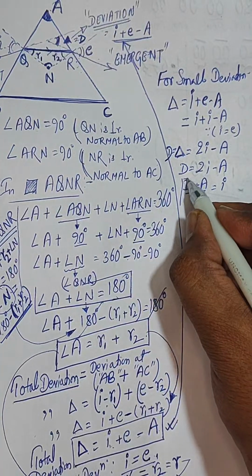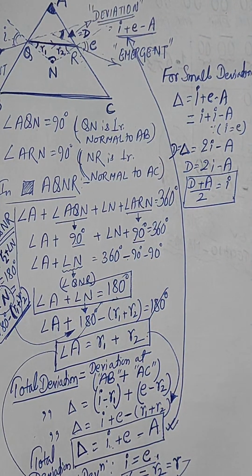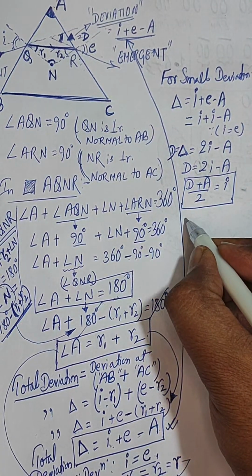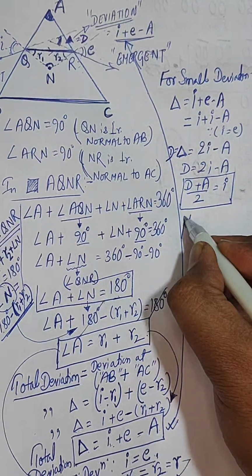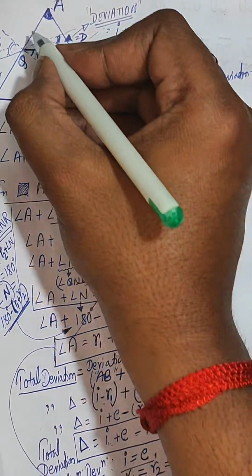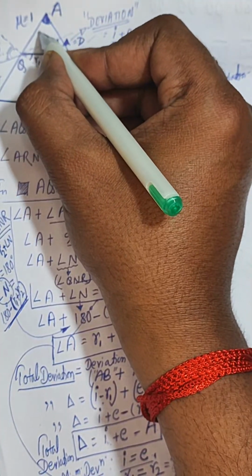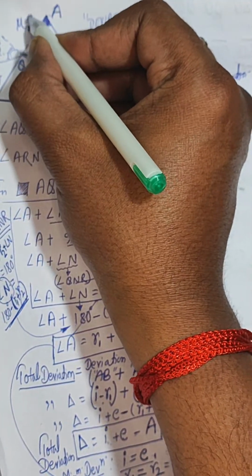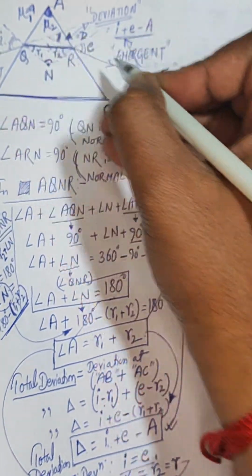D plus A by 2 is equal to I, right? So that's why the refractive index of the prism... Because if mu over here is 1, and let us say it is mu 1, and here it is mu to the glass, right?